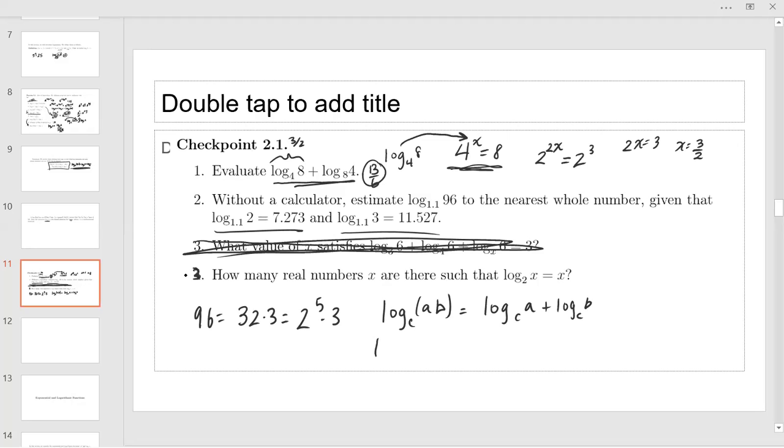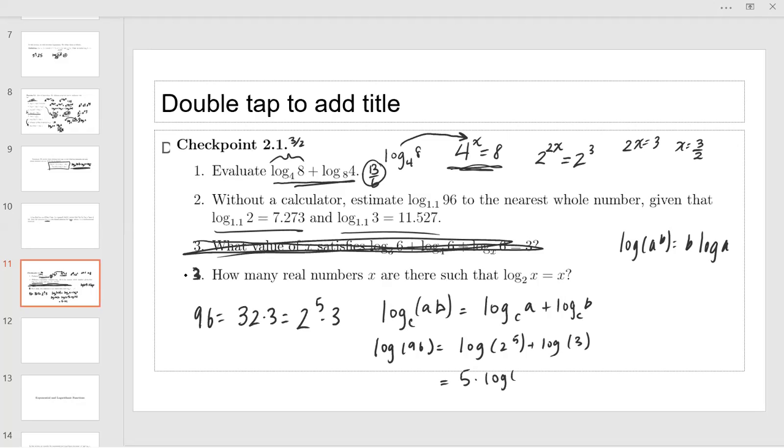Hence, for the log of 96, we have this is equal to the log of 2 to the 5 plus the log of 3. And remember that for the log of a to the b, we can pull the exponent out. Hence, we have this is 5 times the log of 2 plus the log of 3.